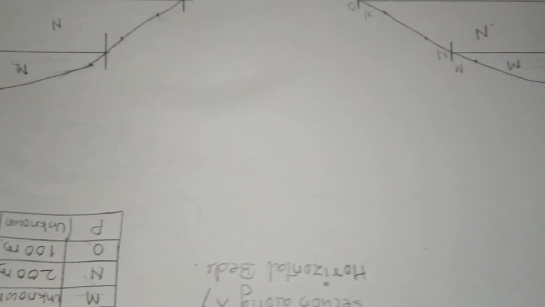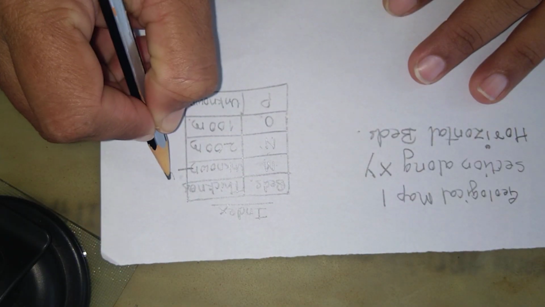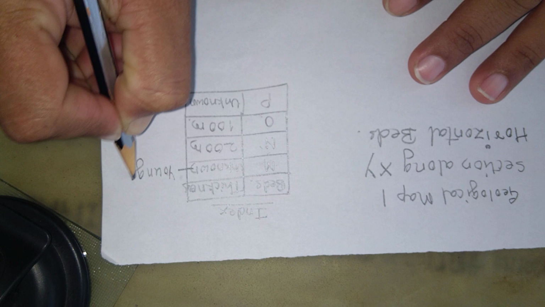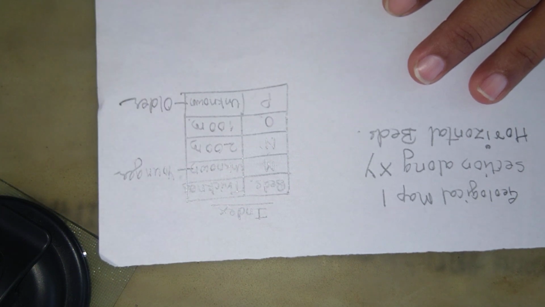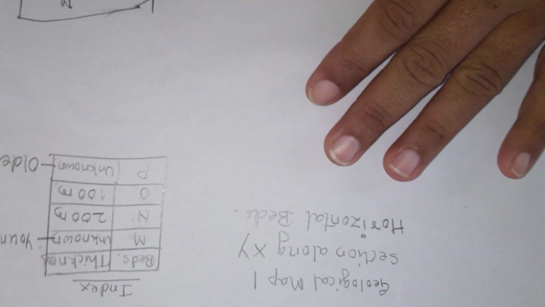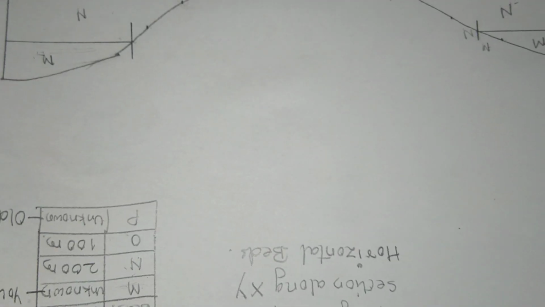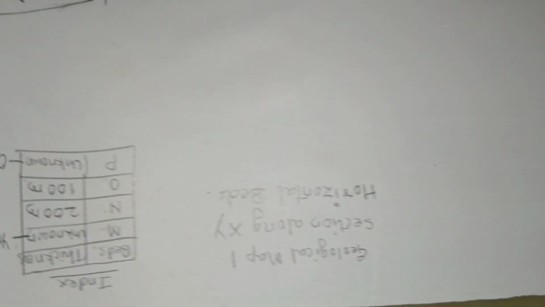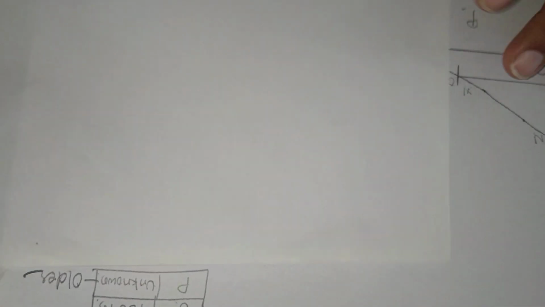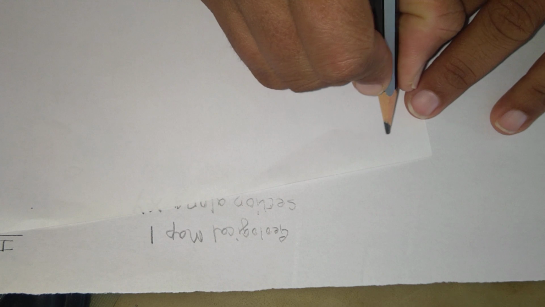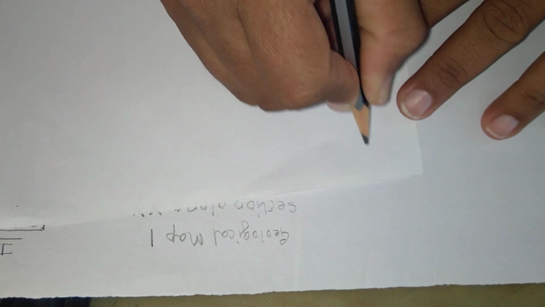Now, here you can write younger, and this bed represents the older bed. Okay, now we are going to describe this map. While describing, we are going to write 3 points. The first point is the topography.